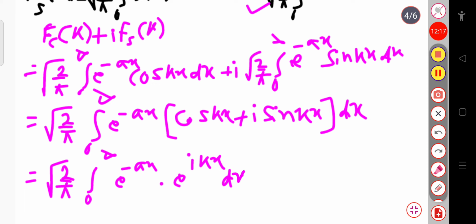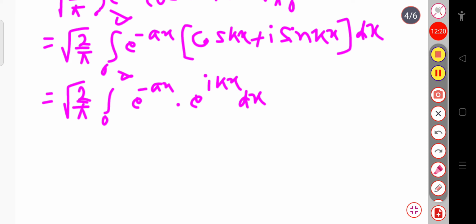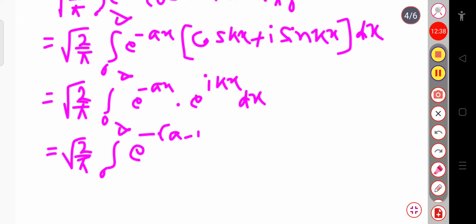Now if I combine these exponential terms, this will be equal to root over 2 by pi integration over 0 to infinity exponential of minus (a minus iota k) whole into x, into dx.